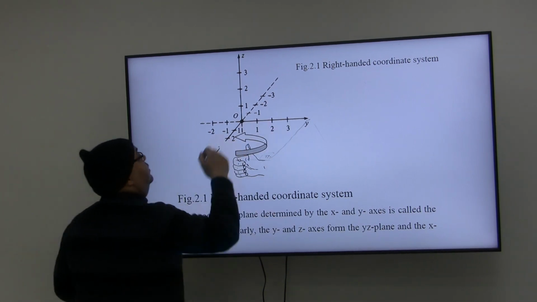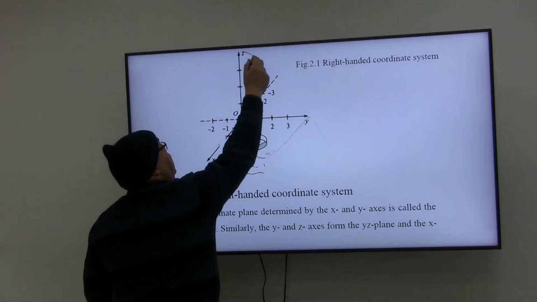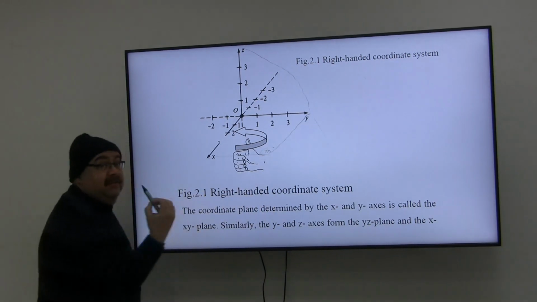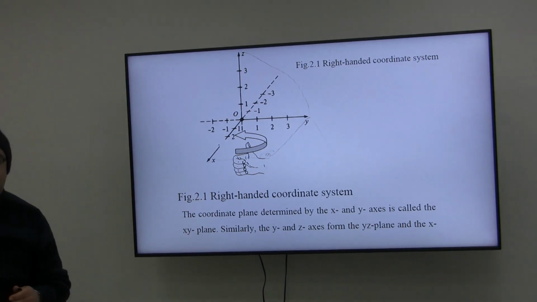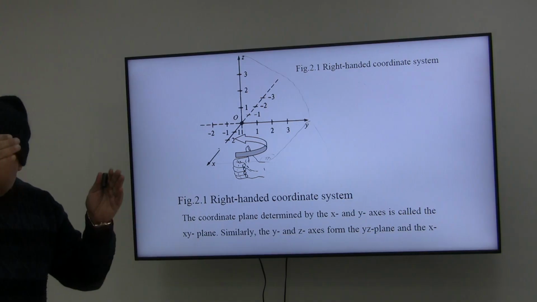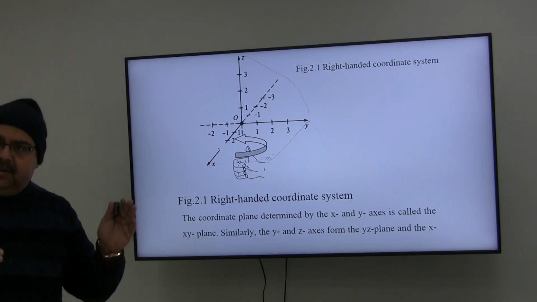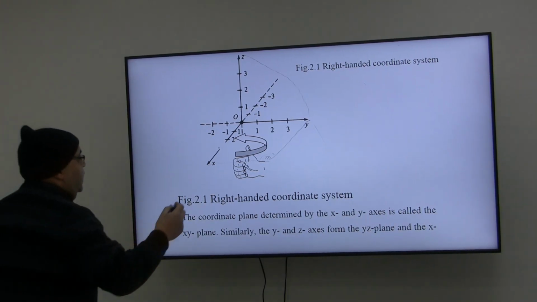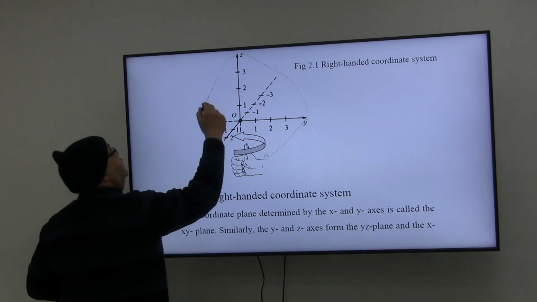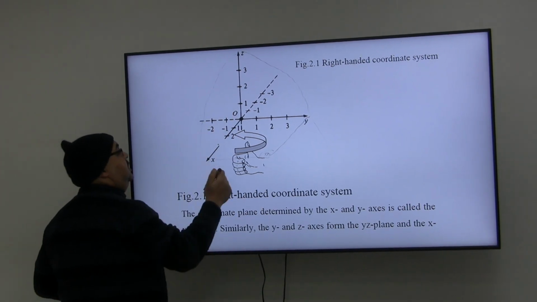Also, we have the YZ plane, and I believe in the previous session we spoke about this. Once you saw the coordinate planes, the XY, the YZ, and the ZX, of course, Faisal, that's the ZX plane, this is the side plane.